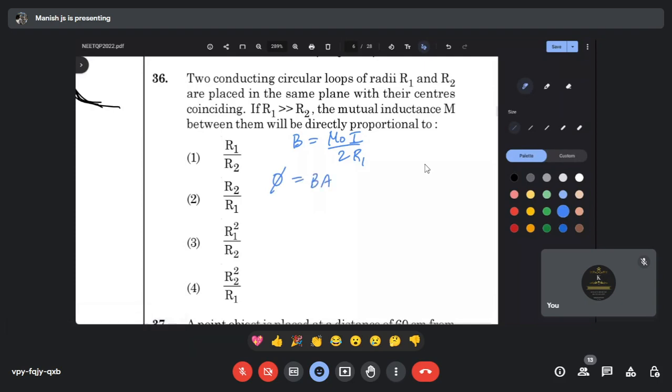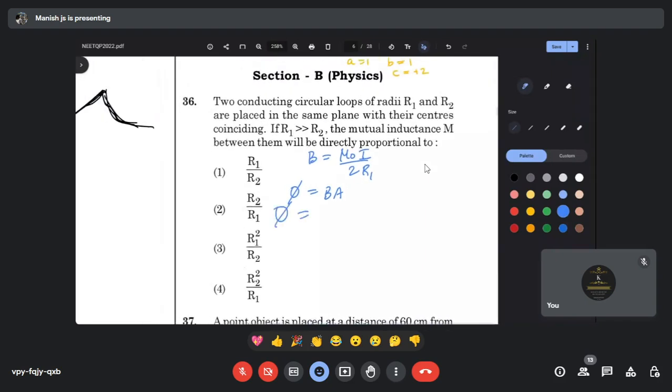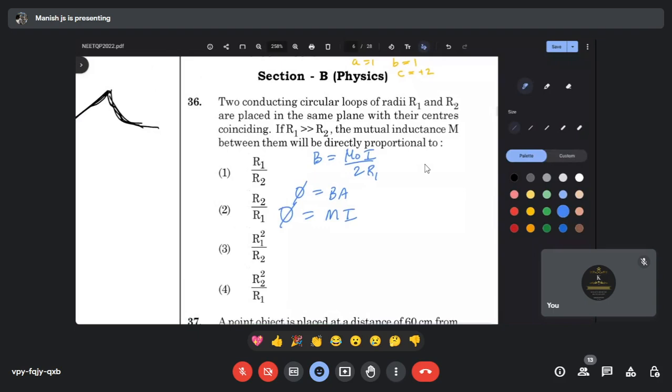Okay, so we only write these two terms, and then you substitute in terms of mutual inductance. So phi is also equal to M into I because it is directly proportional. The proportionality constant is the mutual inductance, because phi is proportional to I, you get phi is equal to MI. So this is what we have.